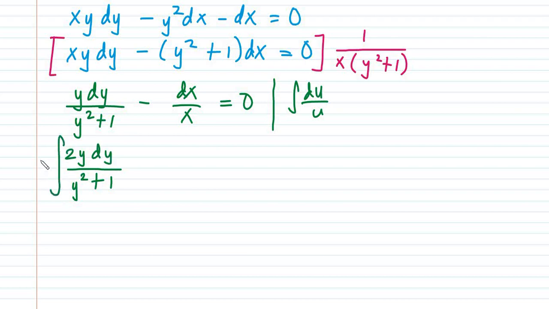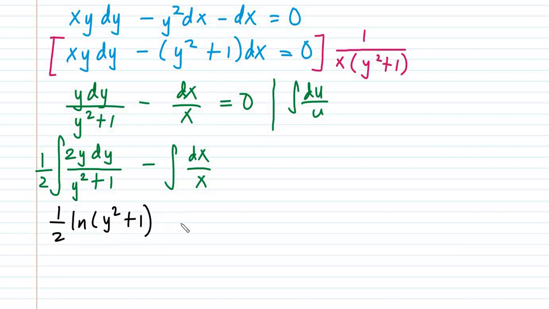So if I integrate, I will have a balancing factor of 1/2, and the other one is simply dx over x. Let's put our answers here. I will now have 1/2 ln of y squared plus 1 minus ln x is equal to c.